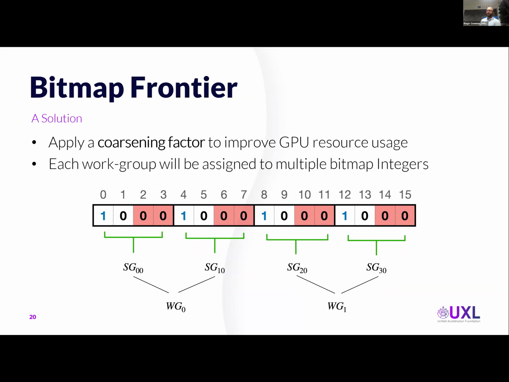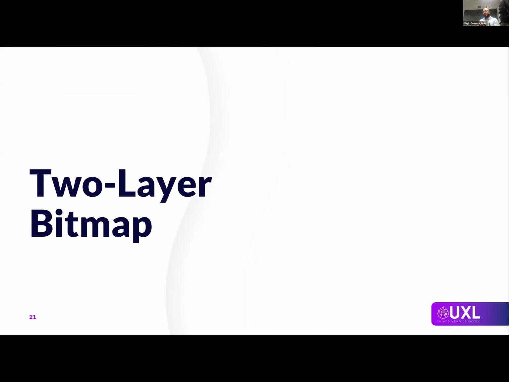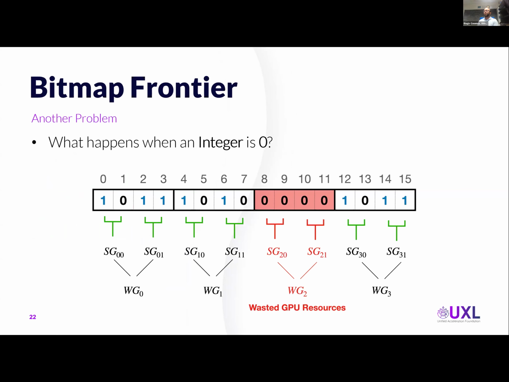We also applied thread coarsening to improve GPU resource utilization. This is a well-known optimization, very similar to loop unrolling applied to parallel for. In the end, we also have this two-layer bitmap optimization. The idea is, what happens if you have many zeros in the same integer?